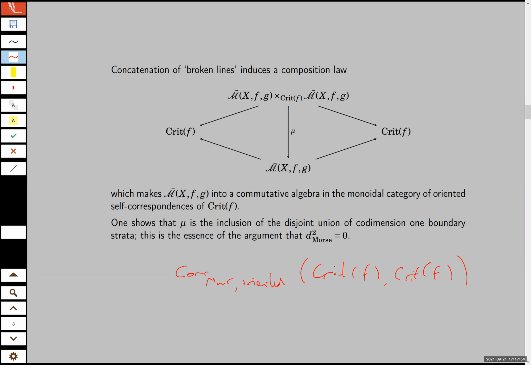So in fact, the full structure here is actually an algebra object in this category. So this is what Morse theory gives you.